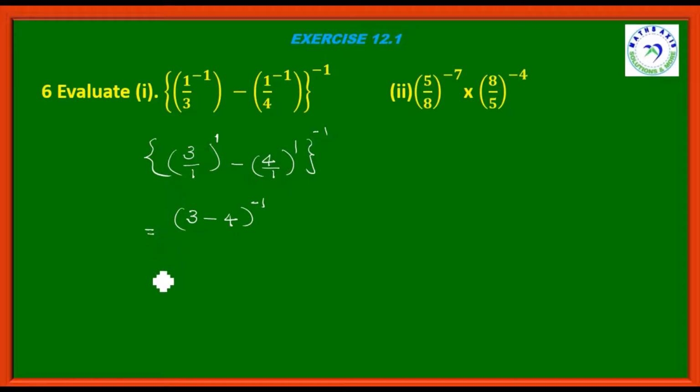Which is equal to 3 minus 4 comes minus 1, whole power minus 1, which is 1 by minus 1. 1 by minus 1 comes negative 1. So the answer of this question is negative 1.